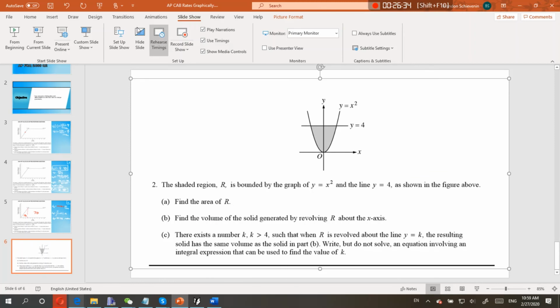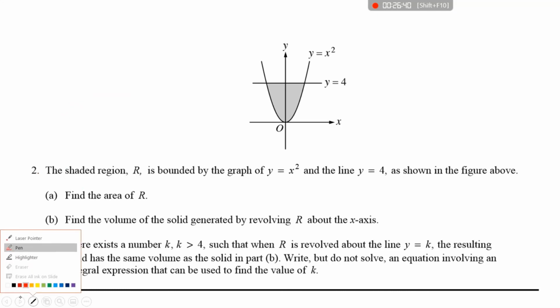Does it mean that I just change the disk method to shell method? Okay, this is line y equals k.